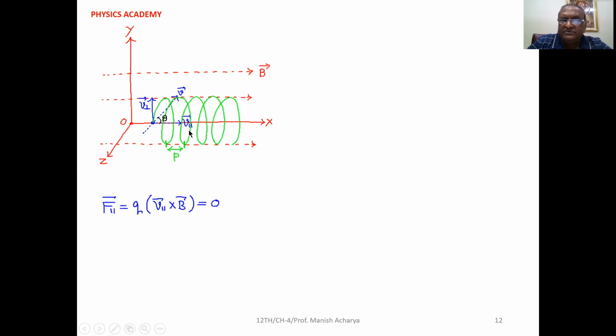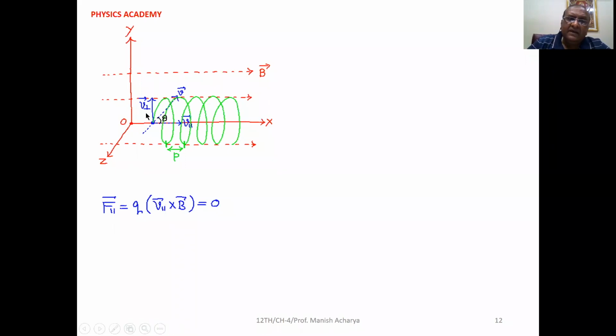If the velocity component, that is this v parallel, then force due to this velocity, F parallel, will be equal to 0. So we can say this charged particle will move in the direction of magnetic field with constant velocity v parallel, because in the direction of magnetic field the force is 0.